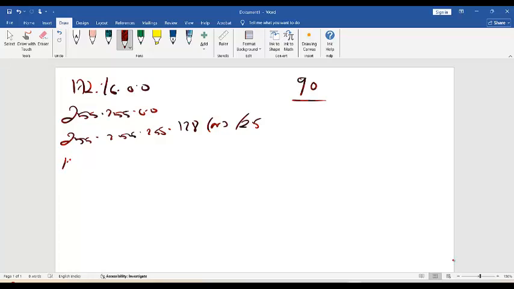And the first network is 172.16.0.0/25, 172.16.0.128/25. Do you agree with this, or do you have any question here?